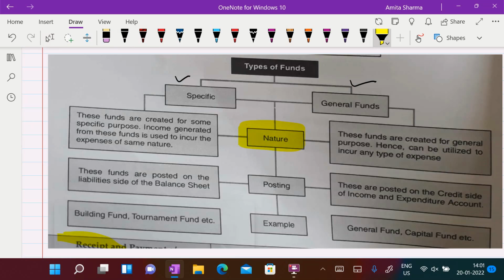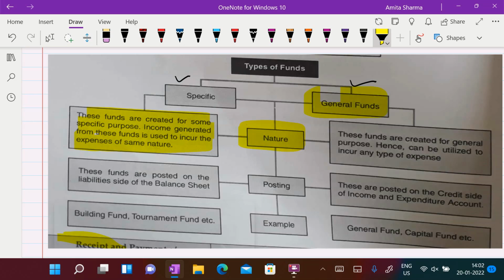Specific funds are created for some specific purpose and the income generated is used to incur the expenses of the same. For example, if a fund is created for a tournament, income generated from the tournament will be added in that fund and expenses incurred during the tournament will be deducted, and this specific fund is shown on the liability side of the balance sheet of the not for profit organization.